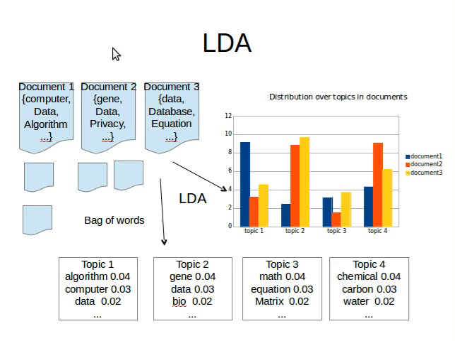Here is the input to the LDA model, and here are the hidden structures that we want to discover with the LDA model. Theoretically, a document is a sequence of words, and it contains the information of the frequency of the words and the positions of the words that occur in the article.